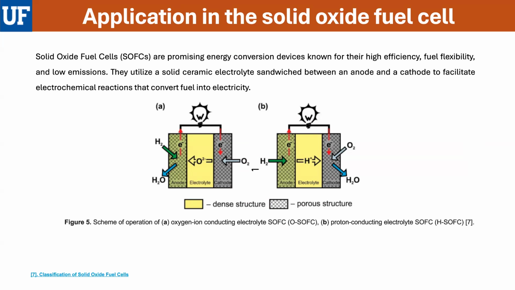It has mainly three components: anode, cathode, and electrolyte. The anode is called the negative electrode, and its function is to facilitate the oxidation of fuel, whereas the electrolyte's function is to conduct oxygen ions, that is O2 minus, from the cathode to the anode while being impermeable to gases. It only allows ionic conduction, whereas the cathode's function is to reduce oxygen from air to form oxygen ions.